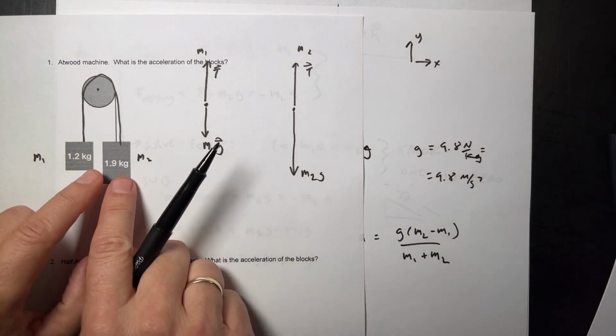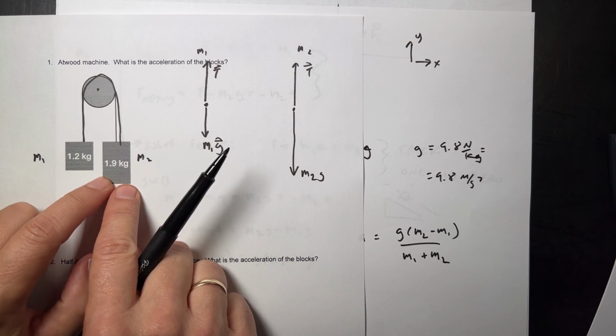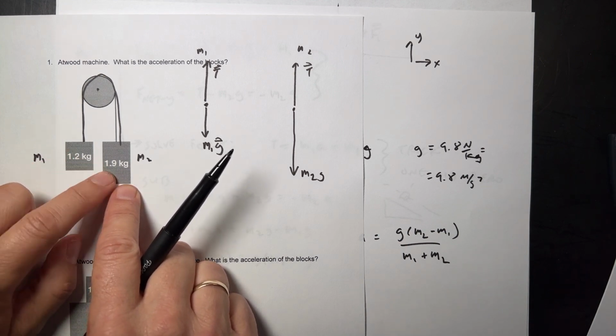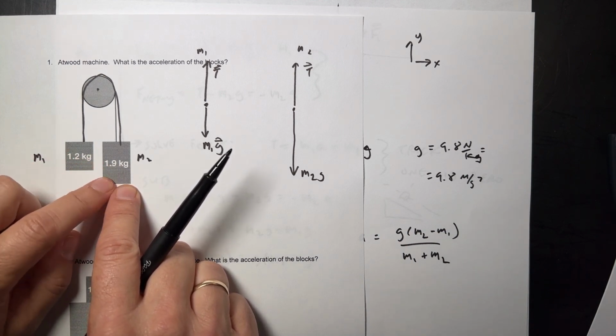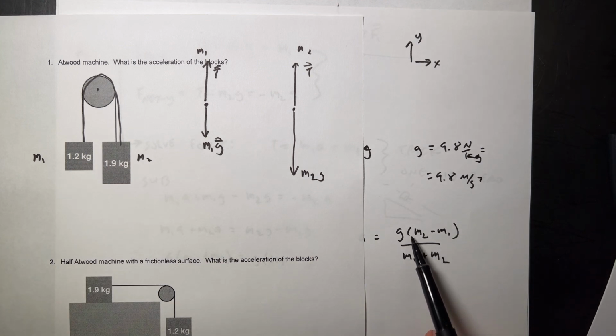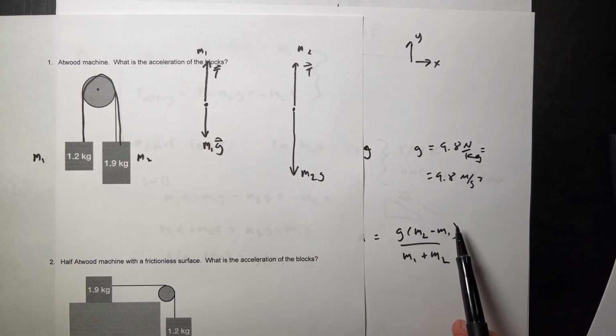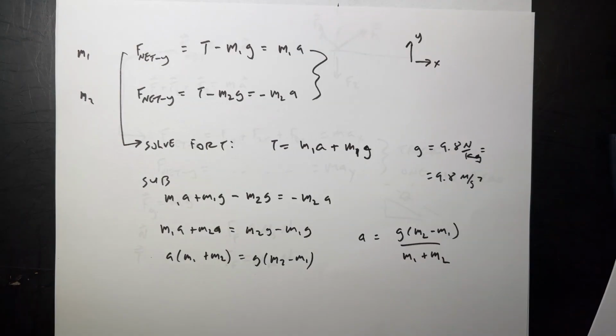What if this mass is ginormous compared to that? What if m2 is much greater? In that case, this would basically be m2 on the top, and basically m2 on the bottom, and I'd get g in the negative direction. So that makes sense too. It's free fall acceleration. Okay, so it looks like it's working.